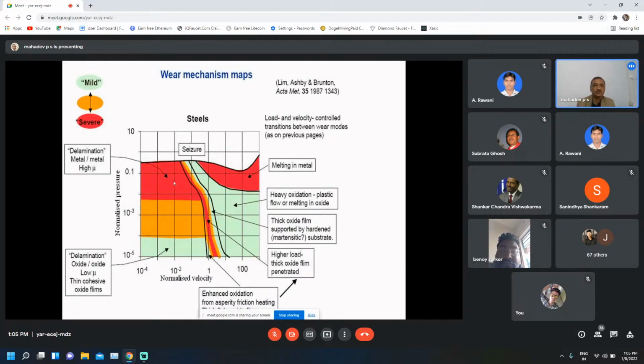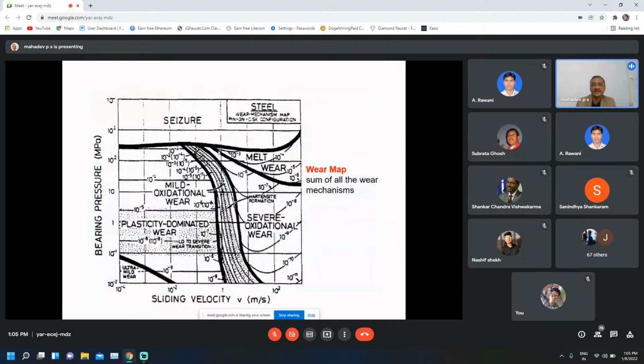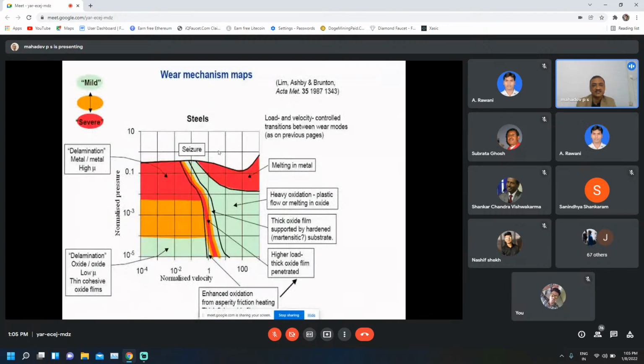So it is a very interesting area. Not many people have done work on these wear mechanism maps. You people can take up the drawing of wear mechanism maps. This is a very interesting area, testing and drawing wear mechanism maps.